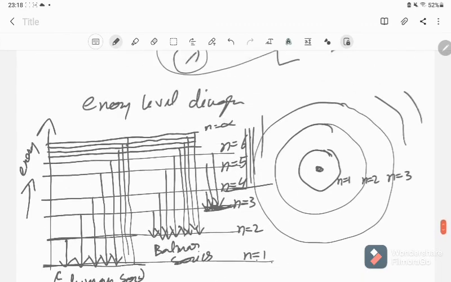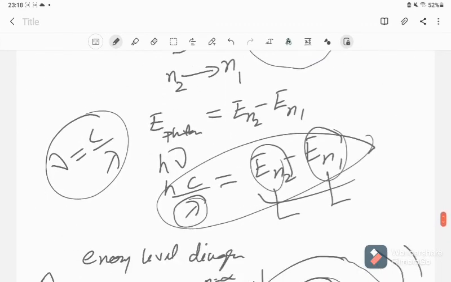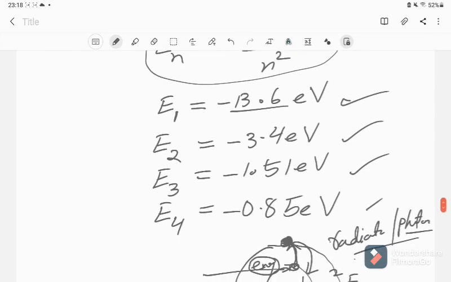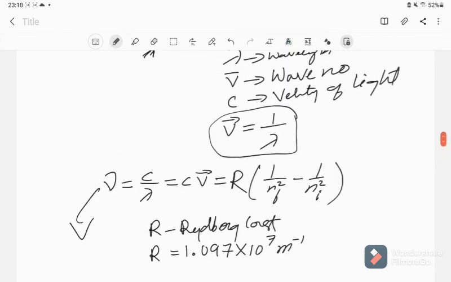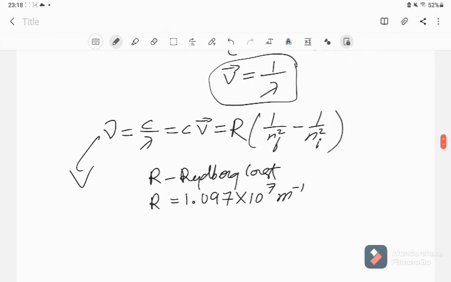Now from this formula, where is the formula? Okay, here, see, this one. Yesterday in class you corrected this one.